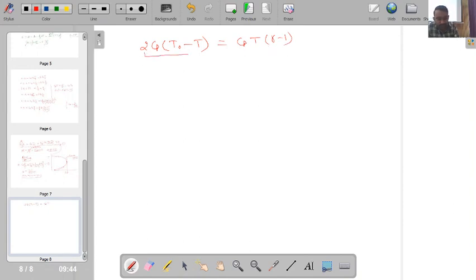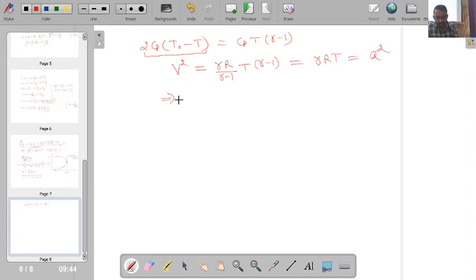So this 2 Cp (T0 minus T) is nothing but V square. And in place of Cp, I can write gamma R by (gamma minus 1) into T into (gamma minus 1). Gamma minus 1 is cancelling out. It becomes equal to gamma R T, which is nothing but A square.